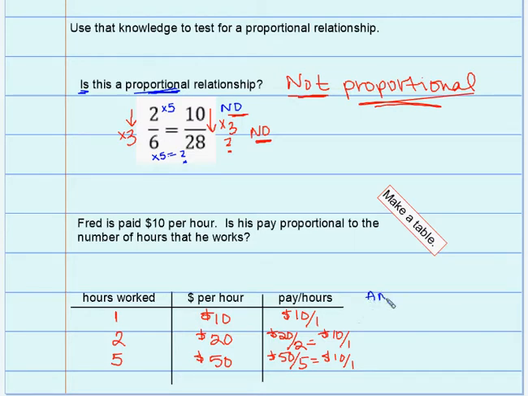Now, if we didn't simplify these, the way that we can test this is to take any 2. So maybe we'll take the 20 to 2 and the 50 to 5. Are they equal? It doesn't make a whole lot of sense to try to multiply 2 to get 5, or 20 to get 50. That's difficult.